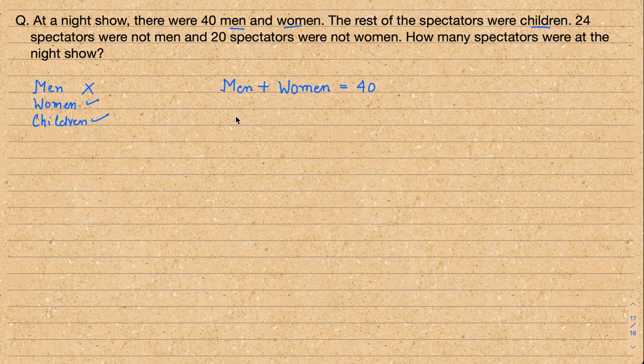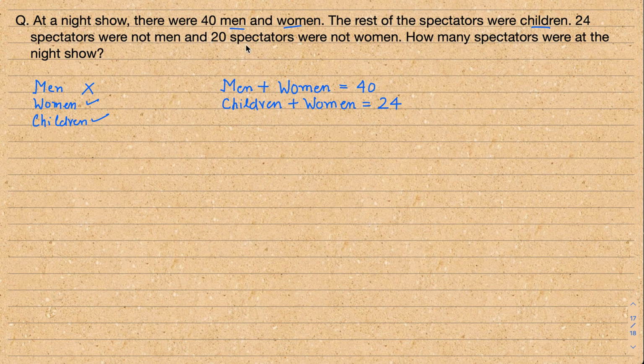So children plus women is equal to 24, right? If 24 are not men, that means they are either women or children.